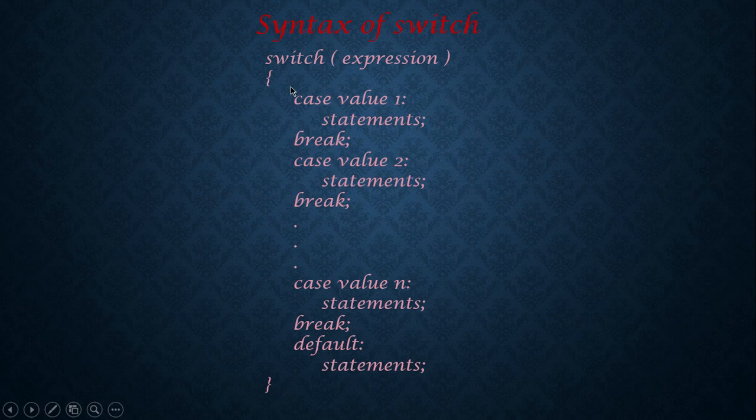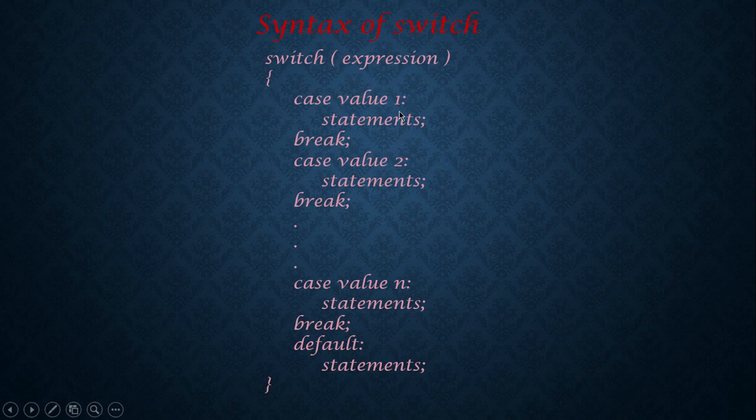So first here we write the switch keyword and then inside bracket we will write that particular expression upon which my different paths will be utilized. Then after that we write the keyword case, and after writing the keyword case we provide one value.